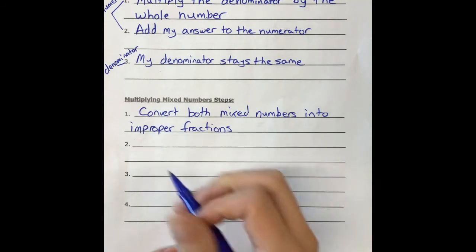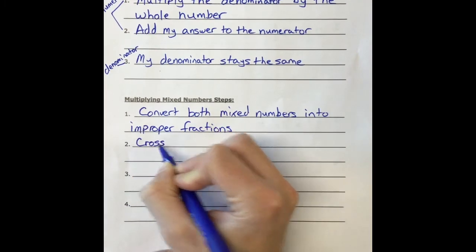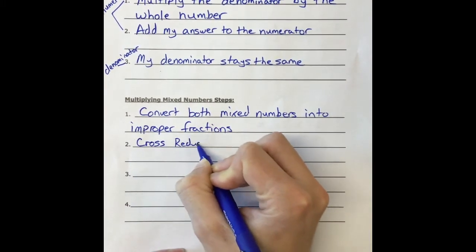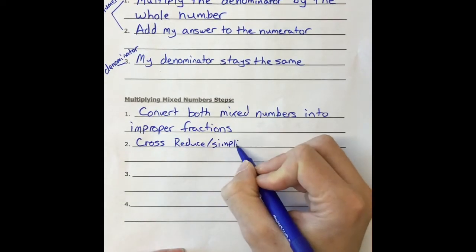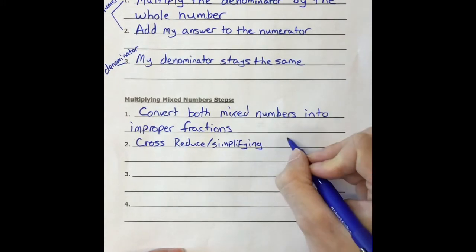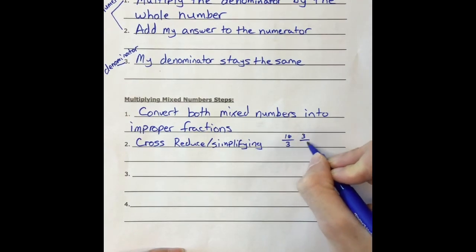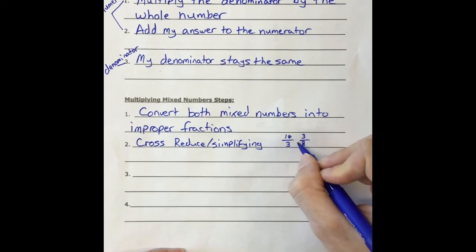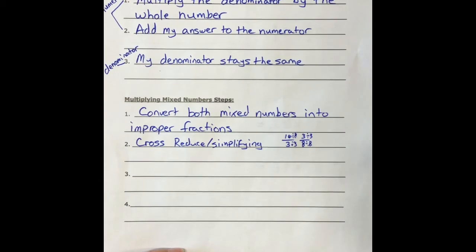Then step 2 is going to be to cross reduce, or if you want to call it simplifying, either one is a proper term. So we're going to look at that butterfly way of reducing. Remember, if we had like 16 over 3 and 3 over 8, 8 and 16, you can divide by 8, and then 3 and 3 you can divide by 3. Okay, and then you create your new number.